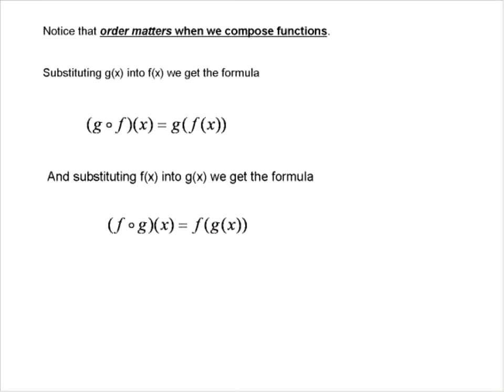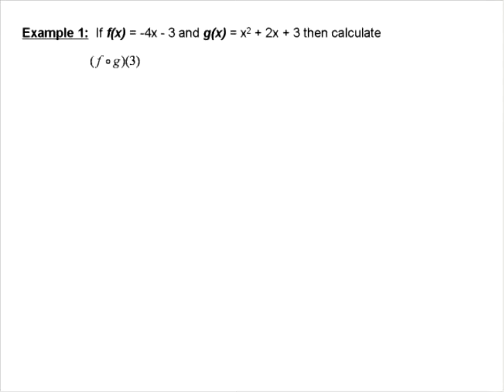And looking at that last example, we can come to this conclusion, that f of g of x is not equal to g of f of x. So you have to make sure we're doing that in the proper order. Very, very important point.